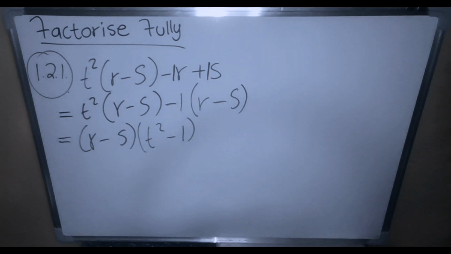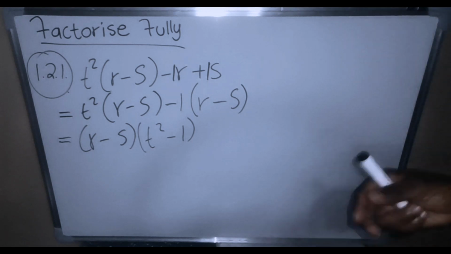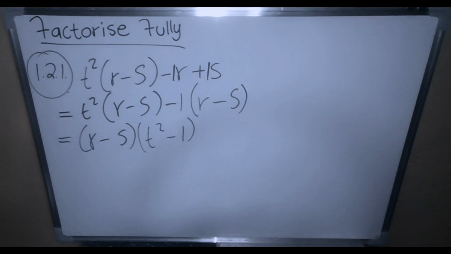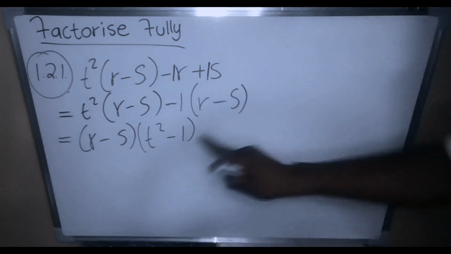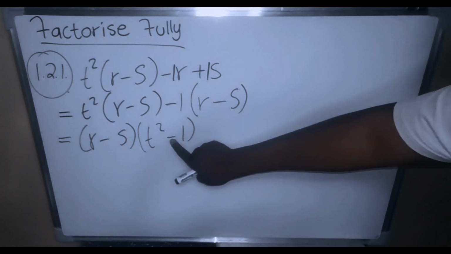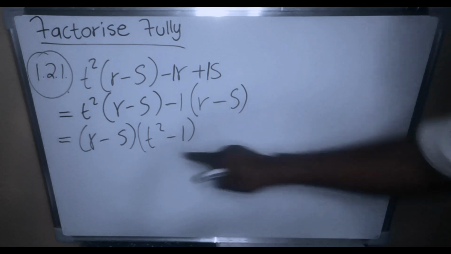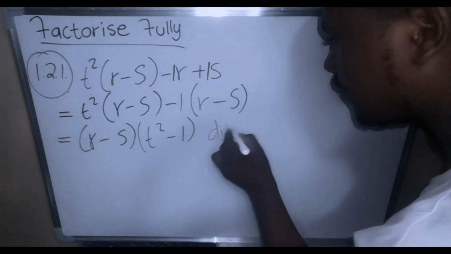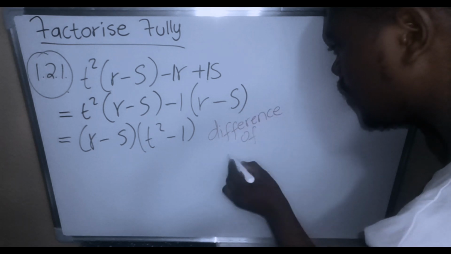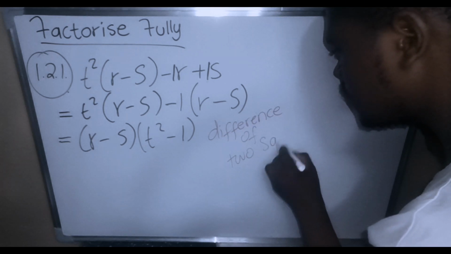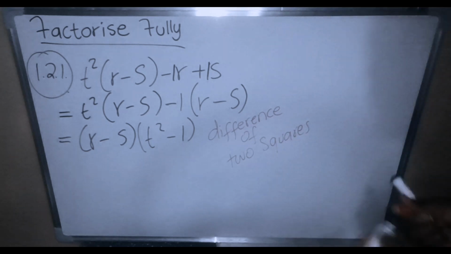Now, there's something that is prevailing right now. It is this thing, t squared minus 1. Whenever you see a square and a minus in the middle, this is called difference of two squares. We call this difference of two squares.